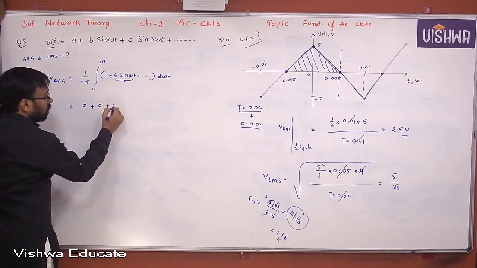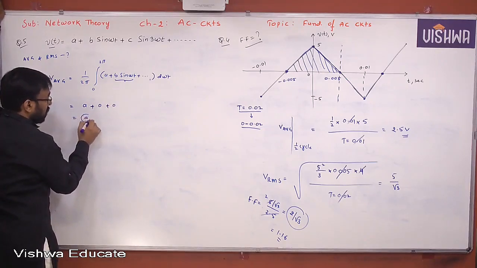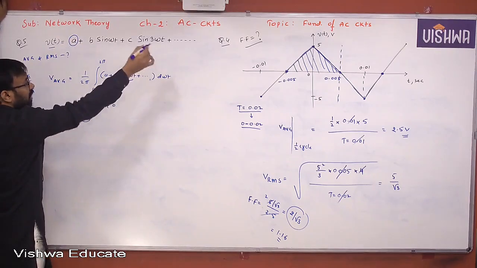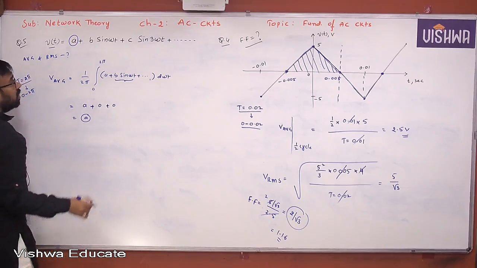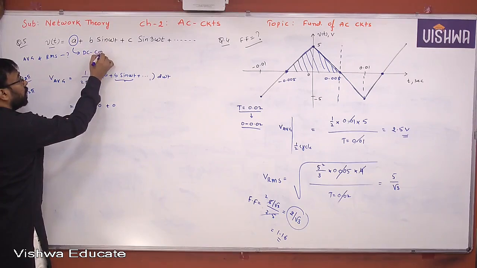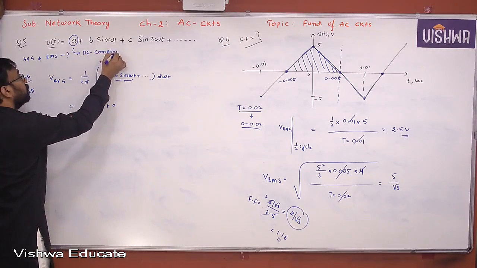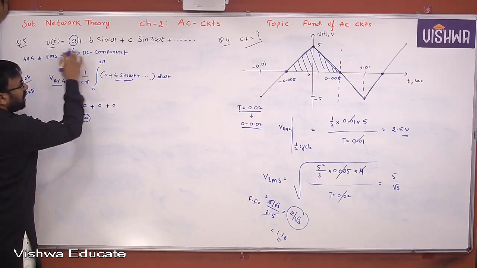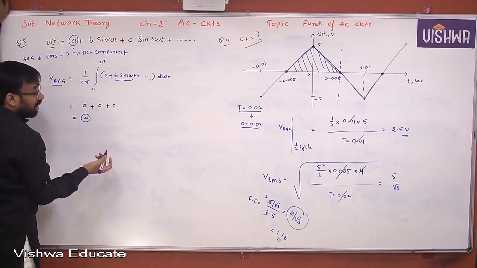Next, 0 and so on. So finally, you got a only, right? What is a? Actually, the constant value. In this particular function, this a is called the DC component. So what is the average you got for this entire function? You got a, that is nothing but the DC component.